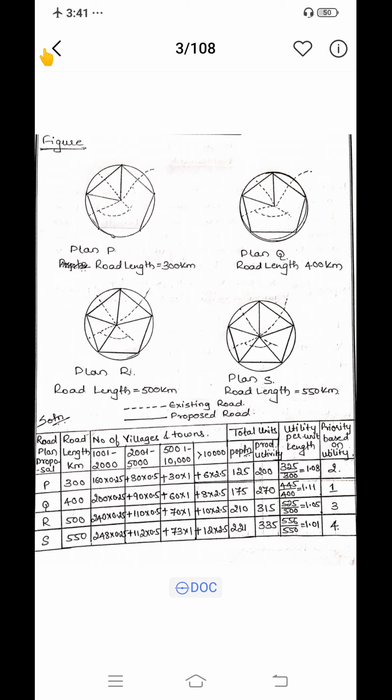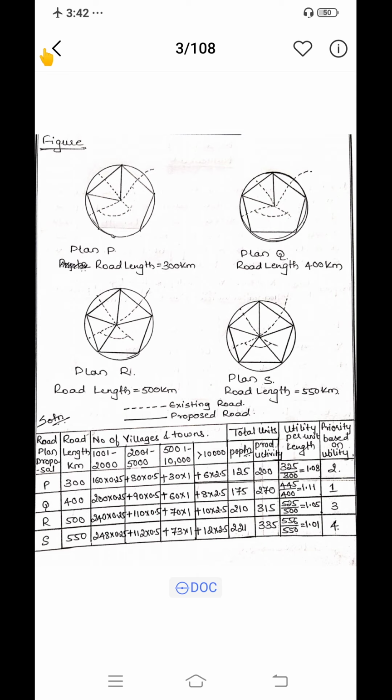This is the total utility. Utility per unit length is the total utility divided by the road length. The road length is 300 kilometers, so it is 325 divided by 300, and the utility per unit length is 1.08.